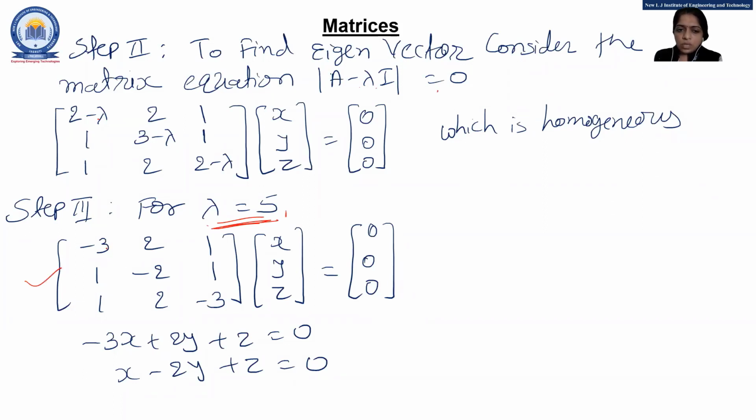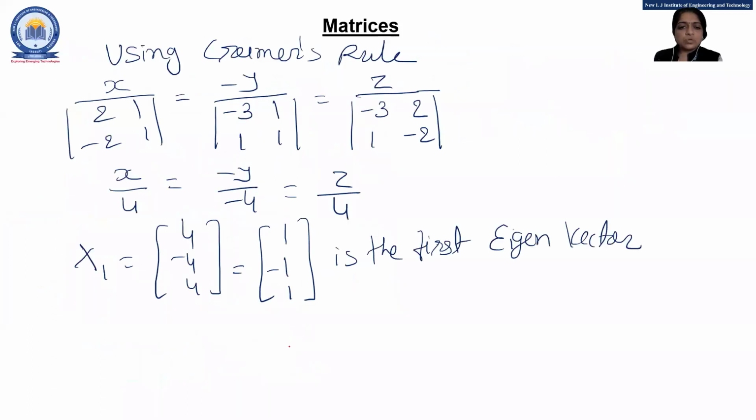Here I have total 3 equations, but I need only 2 equations. So I'm writing minus 3x plus 2y plus z equal to 0. Similarly, x minus 2y plus z equal to 0. And by using Cramer's rule, I have the value of x, y, and z, that is 4, minus 4 and 4. But this is 1 by taking 4 common. So my first eigenvector is 1, minus 1 and 1.